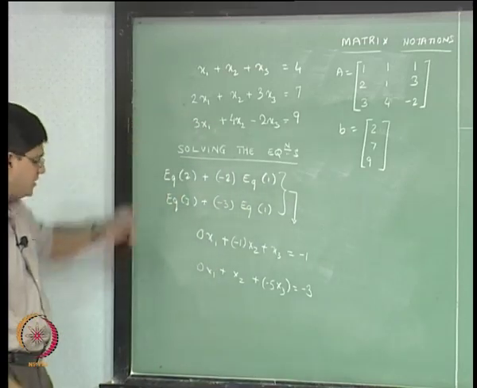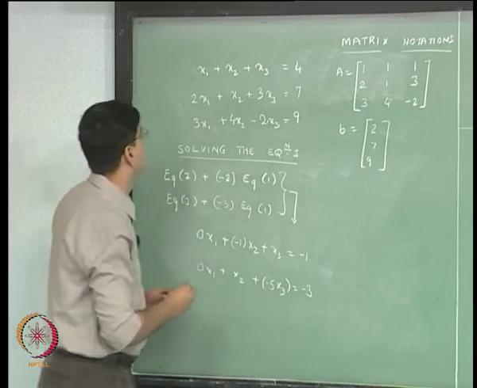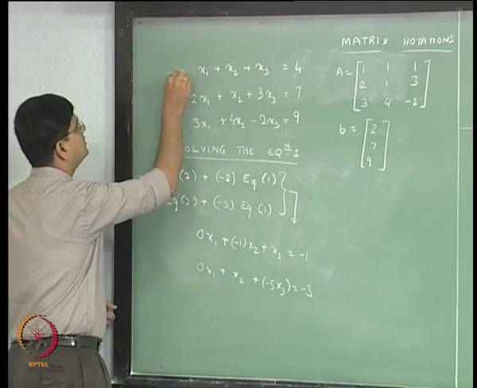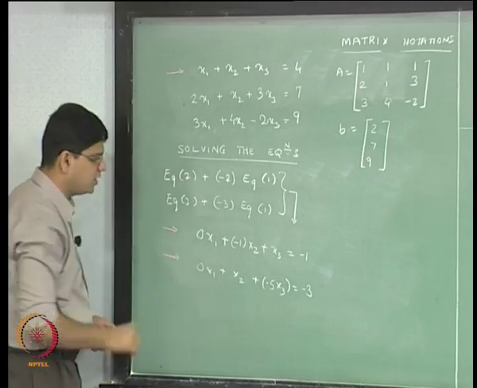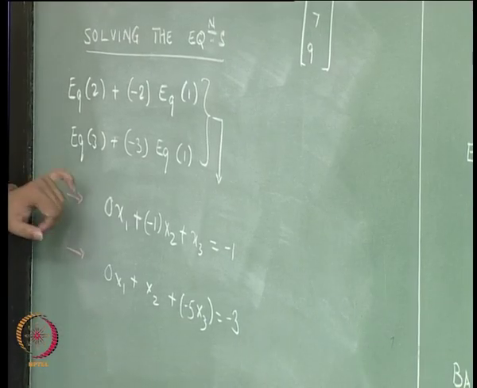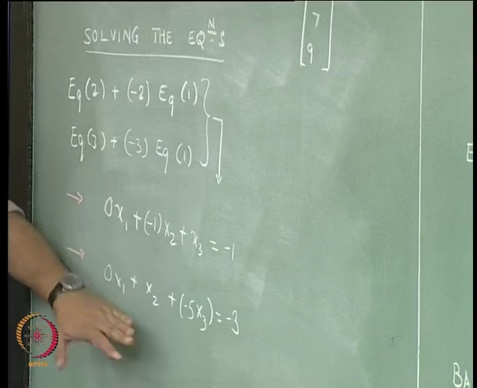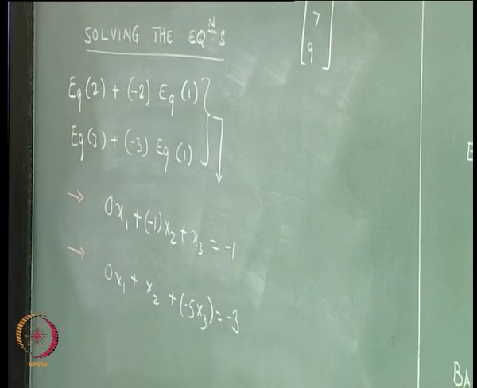So now one equation is going to be equation number 1, this is going to be our new equation number 2, this is going to be our new equation number 3. Okay. So next what we will do is we will add these two equations and replace the last equation with that particular sum.